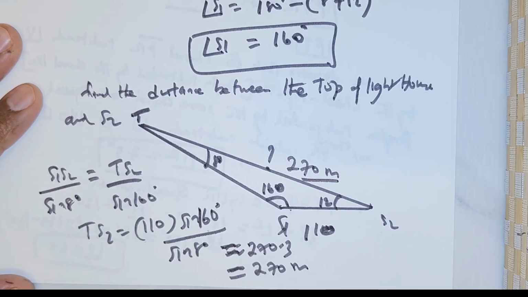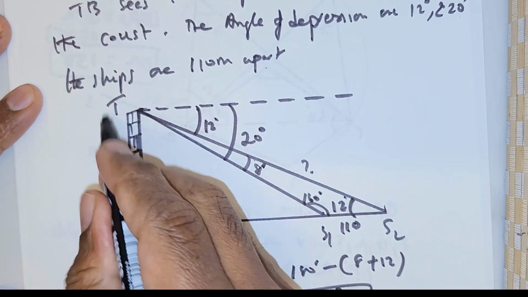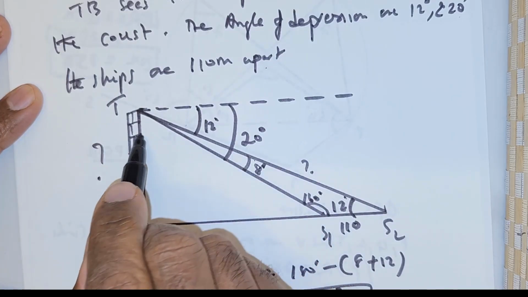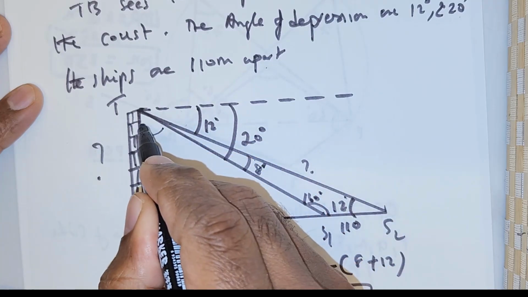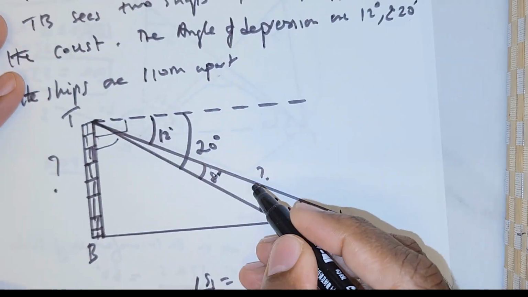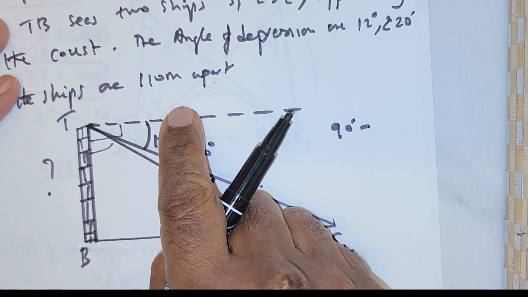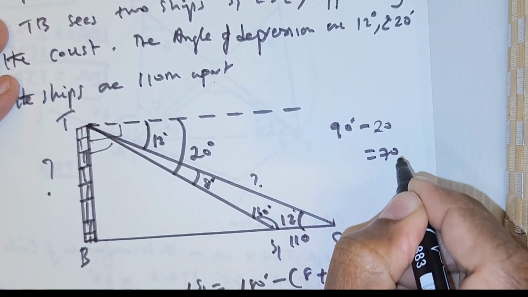Now the next part is they are asking us to find the height of the lighthouse. They want us to get this height. Now for that we need to get this angle. Now this entire thing is 90 degrees, so from 90 degrees I subtract this angle, I get 70 degrees.